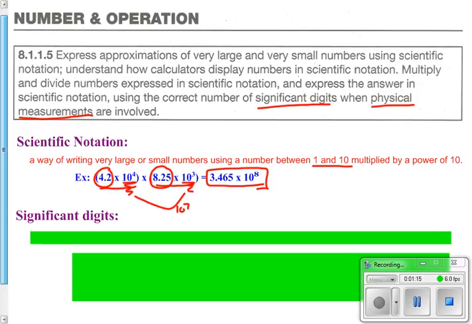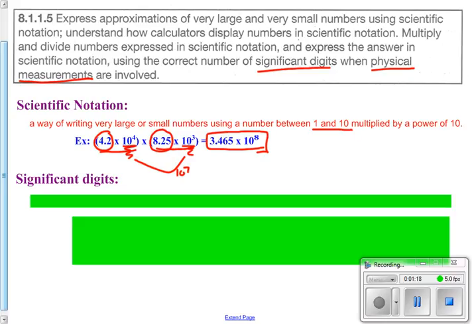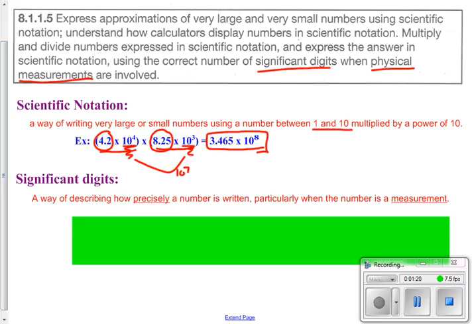Significant digits states that when you are describing a precise thing, it needs to be written precisely, particularly when numbers are a measurement. If I use the same example above, and we're saying that this example is talking about miles, that is a measurement.